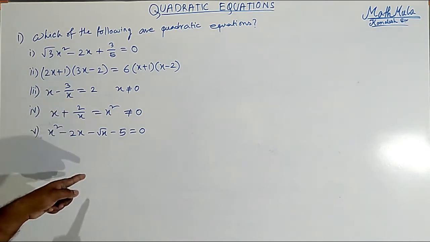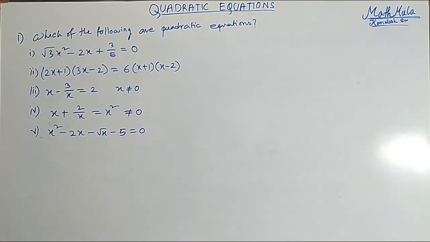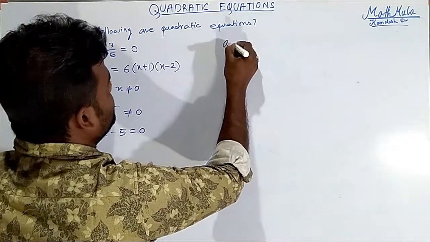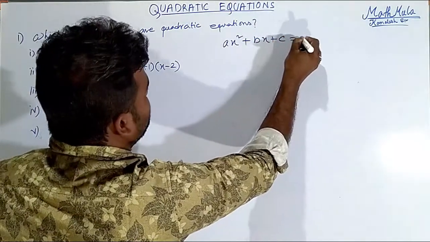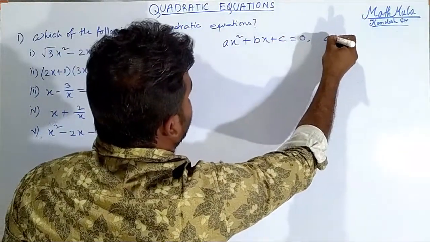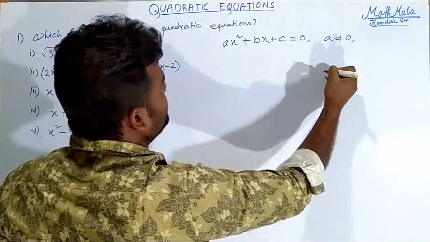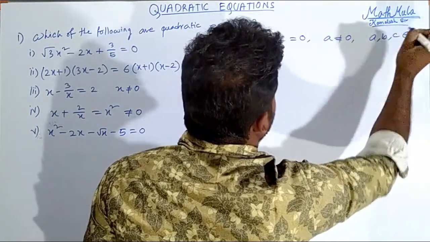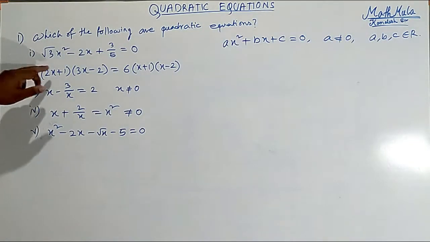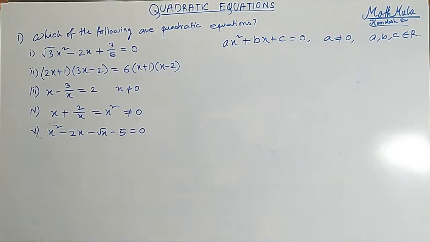We have to compare all these equations with the general form of quadratic equation, that is ax square plus bx plus c is equal to 0 and a not equal to 0 and a, b, c are all real numbers. Now for the first sum, this is root 3 x square minus 2x plus 3 by root 5 equals 0.